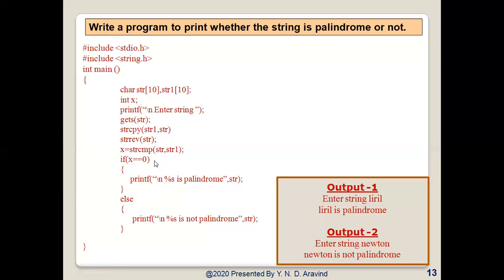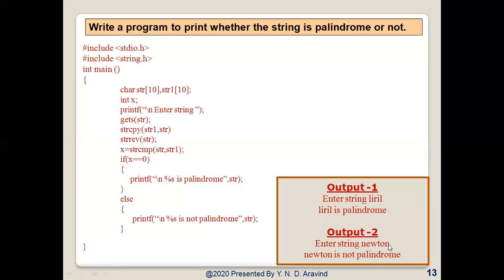Now I am comparing str with str1. I already stored the initial value by copying it to str1, and now I am comparing that value with the reversed value. When both are compared, since both are one and the same, I will be shown that liril is a palindrome.